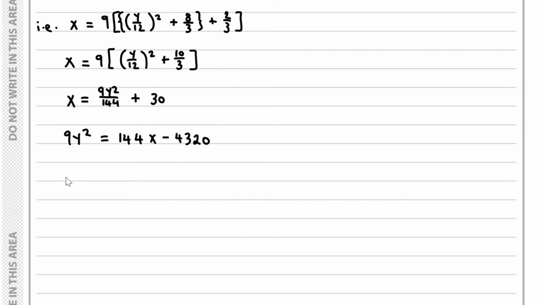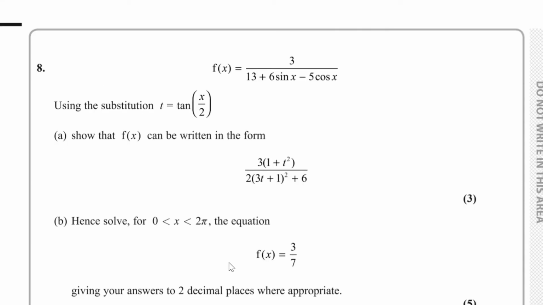And now if we divide through by 9, y² will equal 16x − 480, and if I factorize out a 16, we can therefore conclude y² is equal to 16(x − 30). This is in its simplest form.